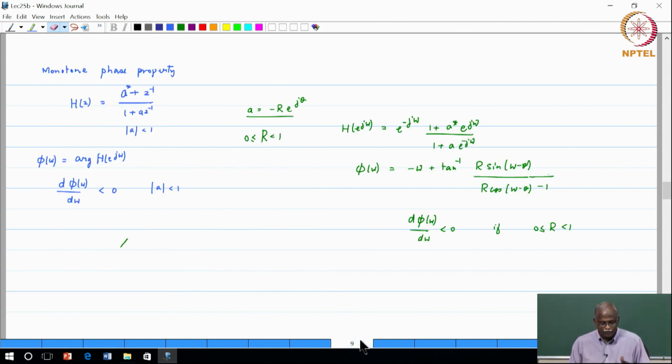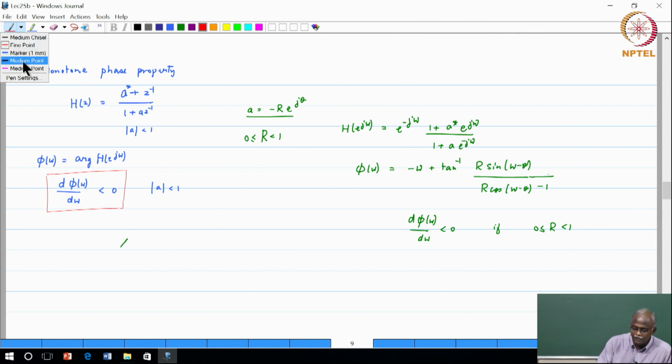The third property, of course, is about H of e to the j omega. If you look at the phase of that transfer function, then the derivative with respect to omega is less than 0. That means it is a monotone decreasing function, and this is a property of causal stable all pass functions.